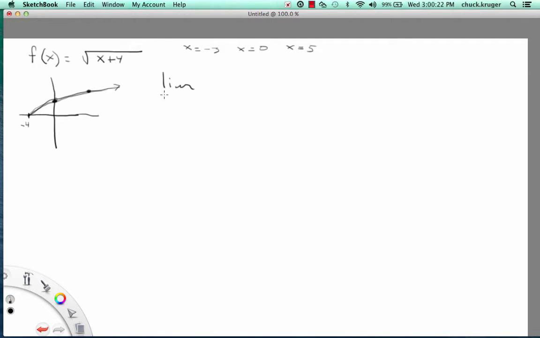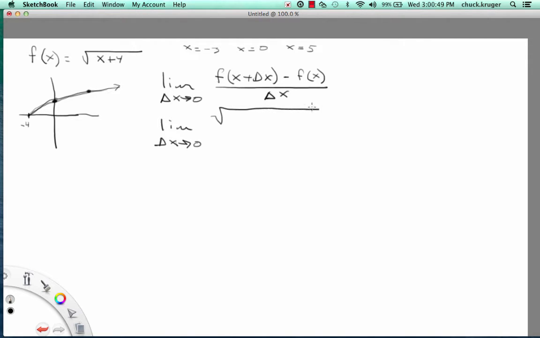classic definition is the limit as delta x approaches 0 of f of x plus delta x. So that's my first input, x plus delta x, minus f of x, all over delta x. So on this one, I have the square root, so I have the limit as delta x approaches 0, and I'm going to have the square root symbol here, but instead of x, I'm going to be putting this x plus delta x in there.